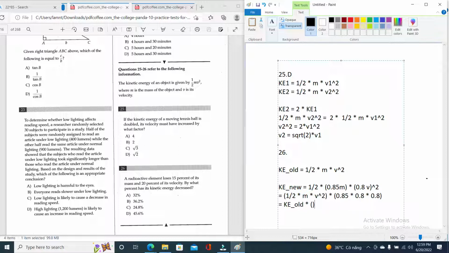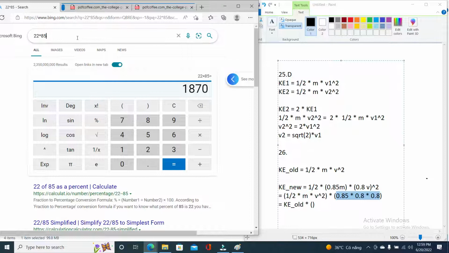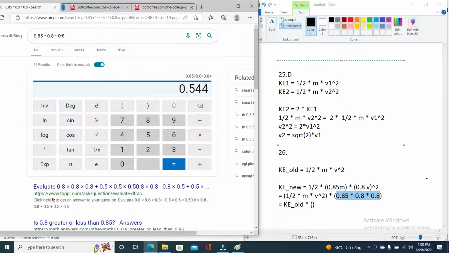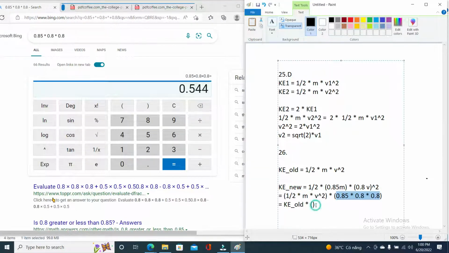Okay, so let's calculate this factor. It's 0.544.